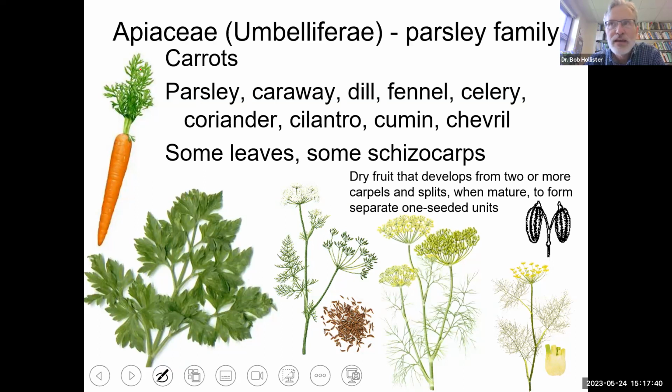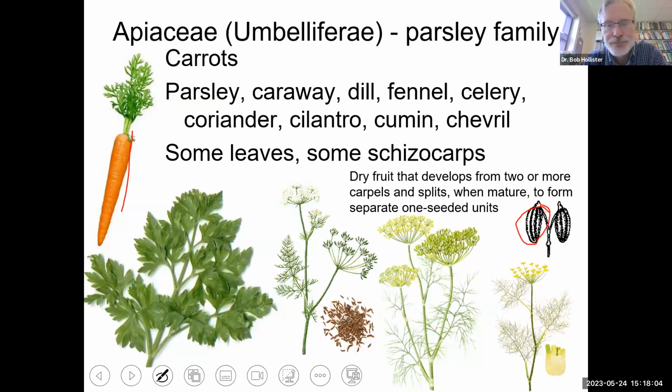The two big herb families are Apiaceae and Lamiaceae, the mint. We'll do those in a minute. Carrots are Apiaceae, parsley, and lots of others. And the neat thing is we oftentimes eat the seeds as well, or the fruits, I should say.